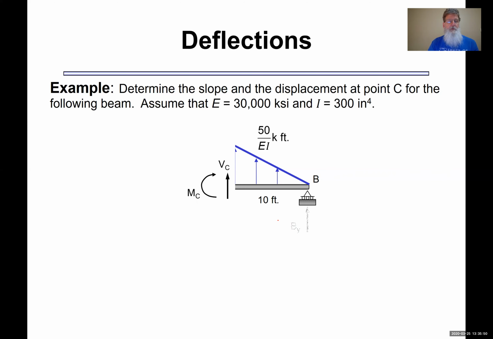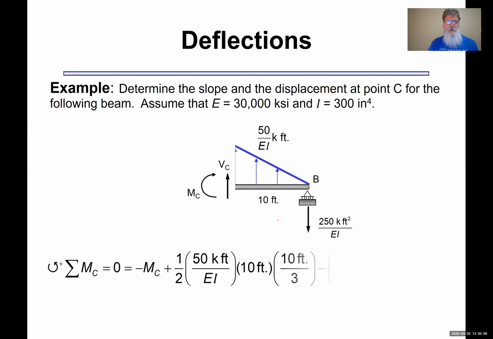So I begin by applying my reaction at B. Remember, it was negative, it was down. So now I'm going to sum moments at the cut, long expression. But again, you can see there's the force of the distributed load. 1/2 base, 10, times the height. Remember, 50 kip feet divided by EI.